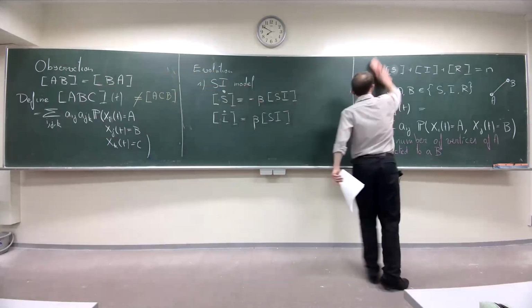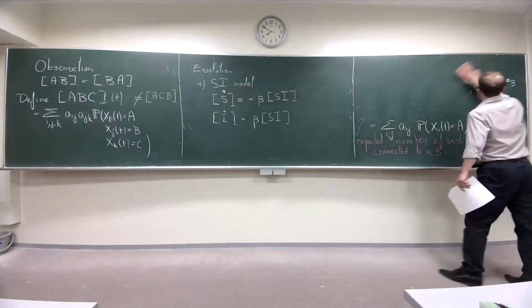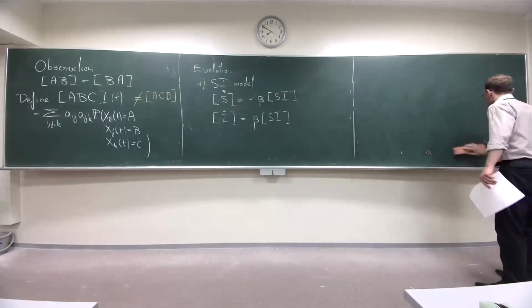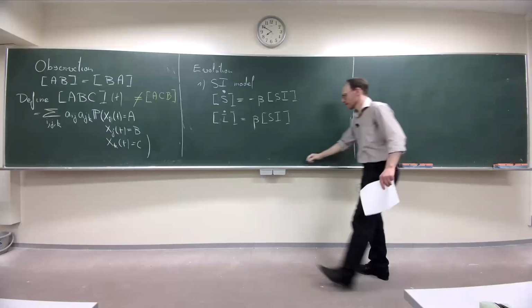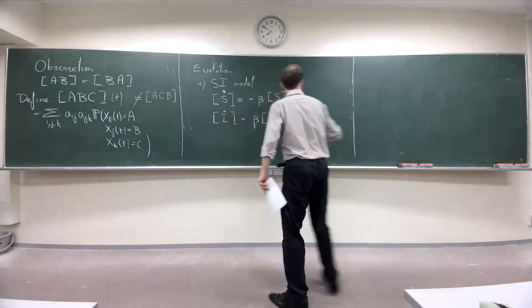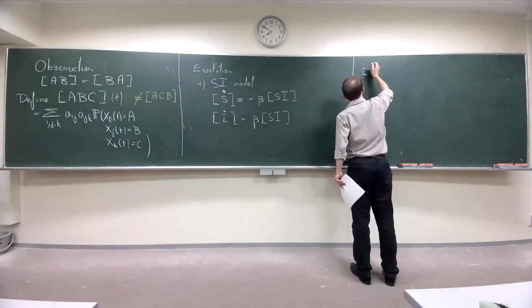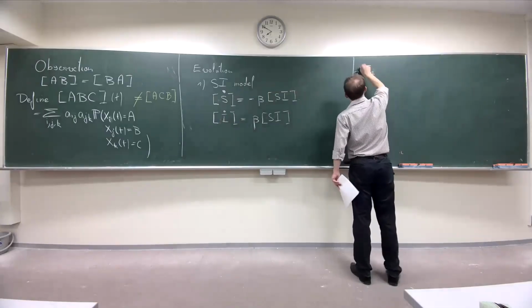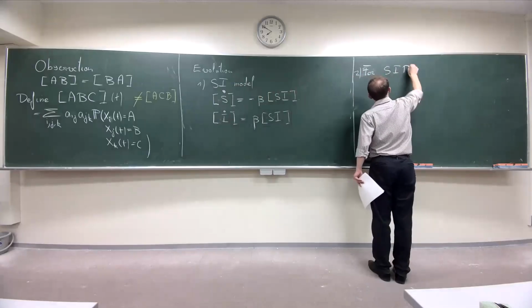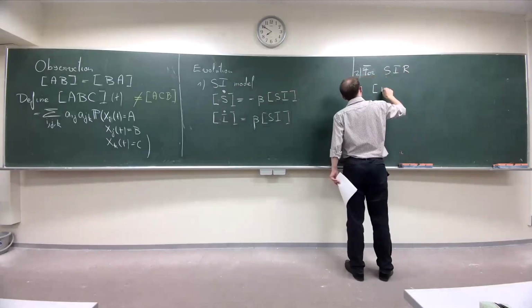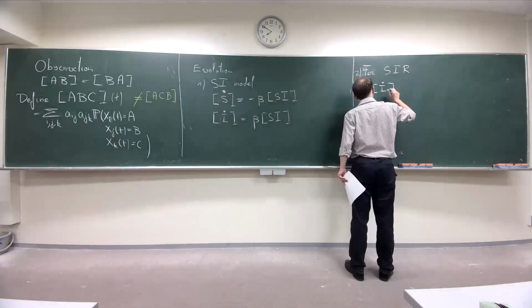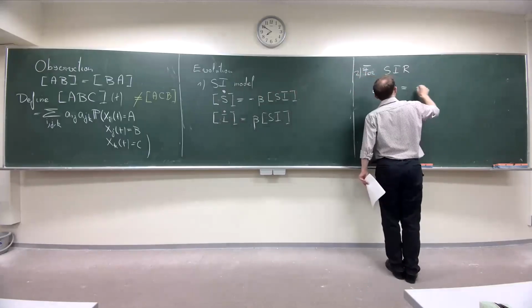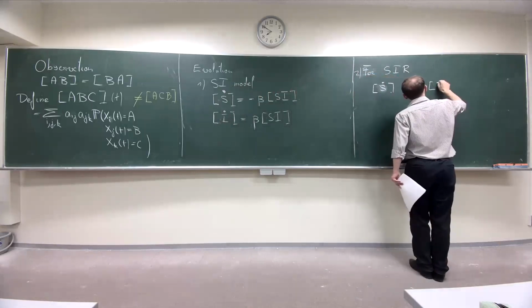What about the SIR model? The same idea, SIR model in this framework. The S variation, the first one, is given by minus beta SI.